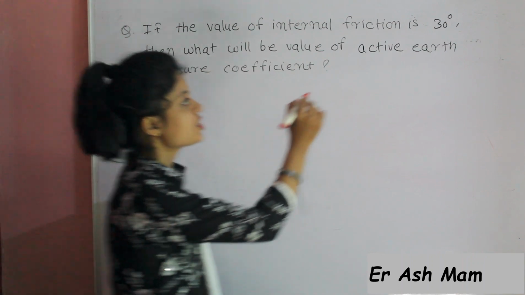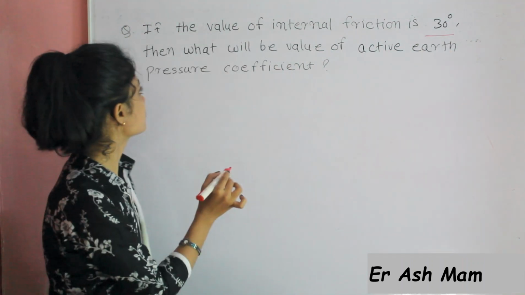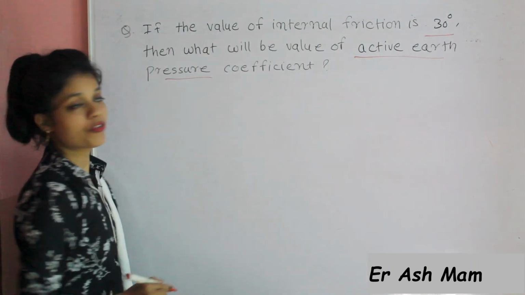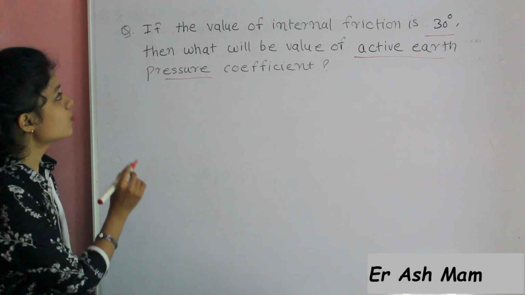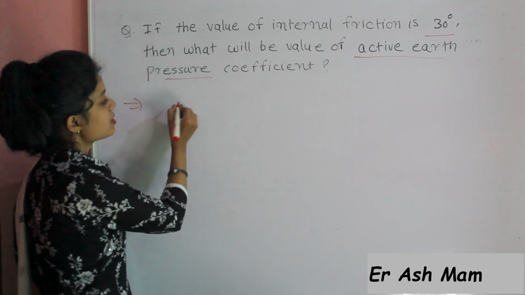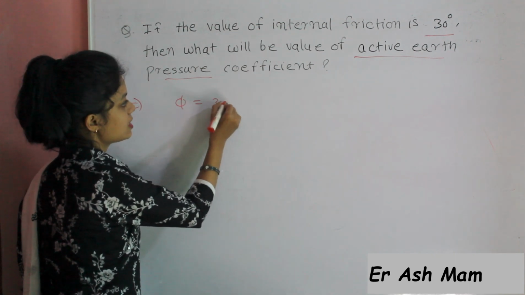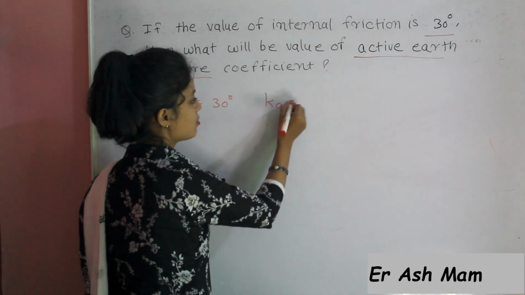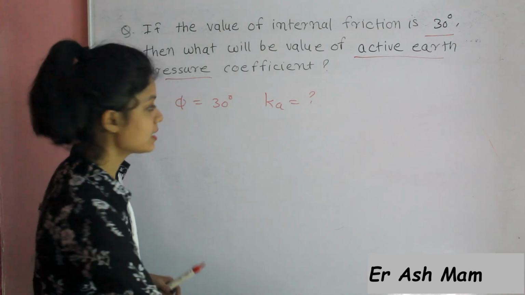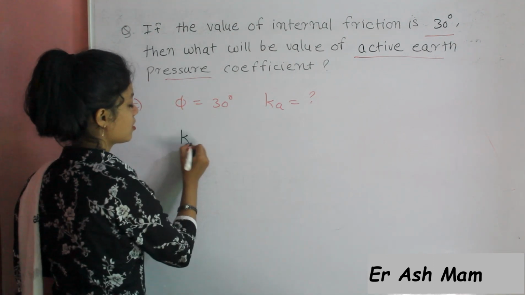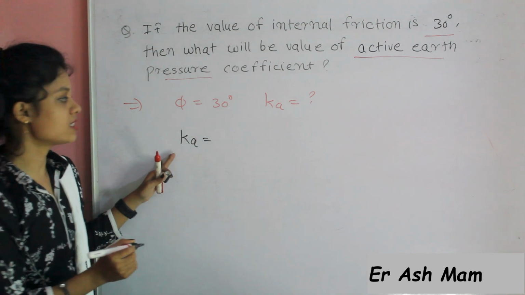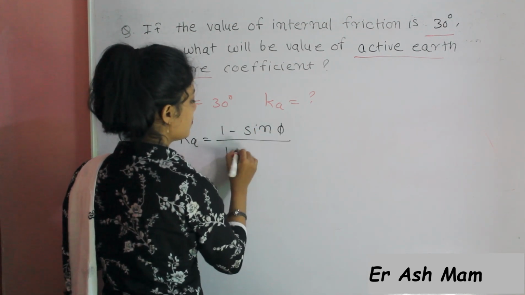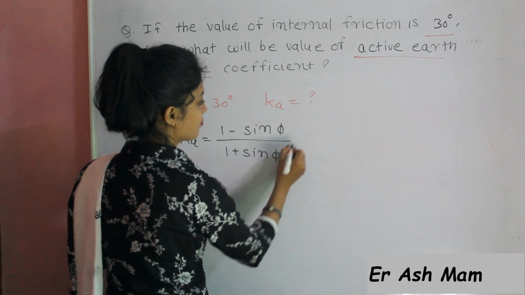The value of internal friction is 30 degrees. Then what will be the value of the active earth pressure coefficient? That is, K equal to what? We know that the direct formula for active earth pressure coefficient is 1 minus sin phi upon 1 plus sin phi.